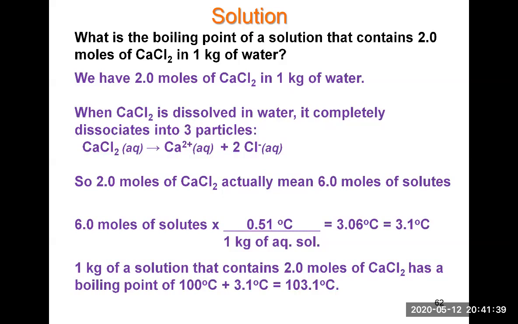So the boiling point of this solution will be 103.1 degrees, due to the fact that those moles of CaCl2 account for 6 moles of particles. So that illustrates the boiling point elevation.